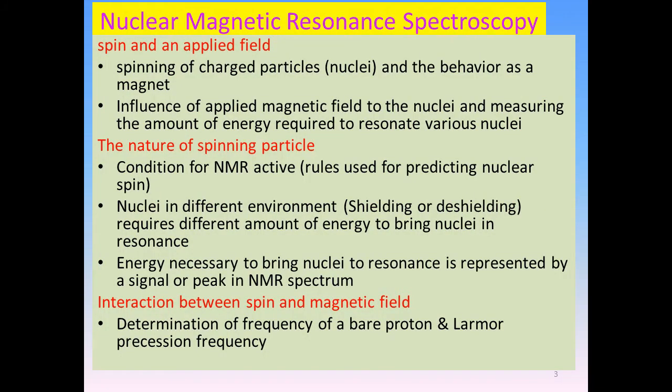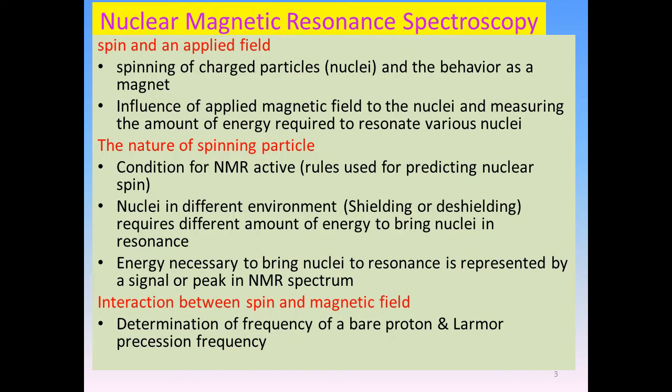So let us see certain key points which we will be discussing in these slides. The spinning of a charged particle and its behavior as a magnet. Then the influence of the applied magnetic field on the nuclei and measuring the amount of energy required to resonate the various nuclei. The nature of the spinning particle: the condition required for any particle to be NMR active or not, for which there are rules for predicting the nuclear spin, which will help us to identify the nuclei.